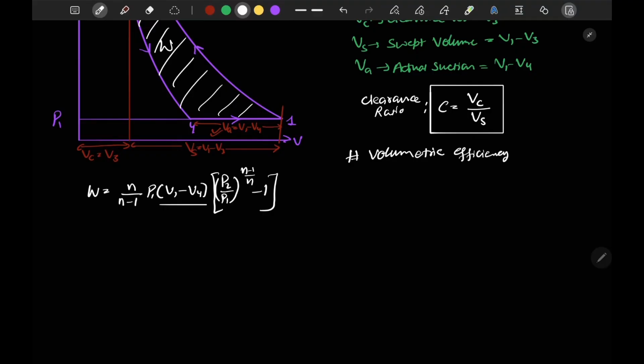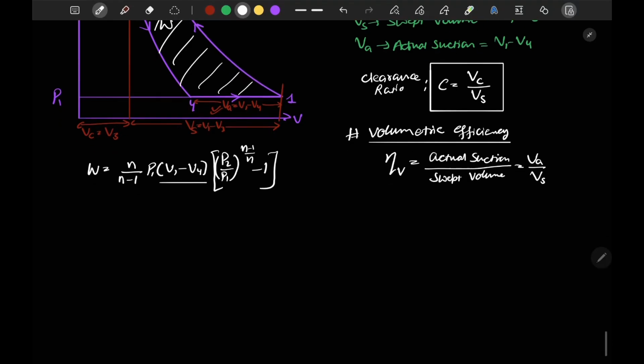First we will see what volumetric efficiency is. Volumetric efficiency is represented by eta V, and it is the ratio of actual suction divided by swept volume, which is equal to Va upon Vs.